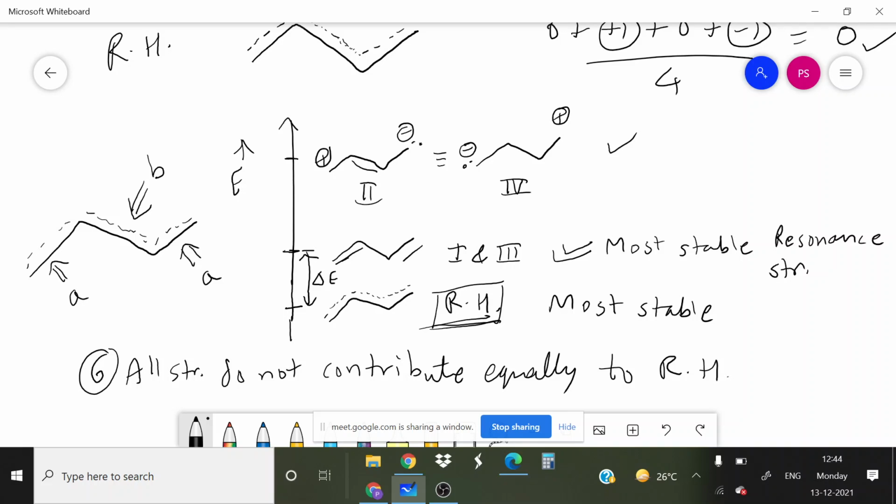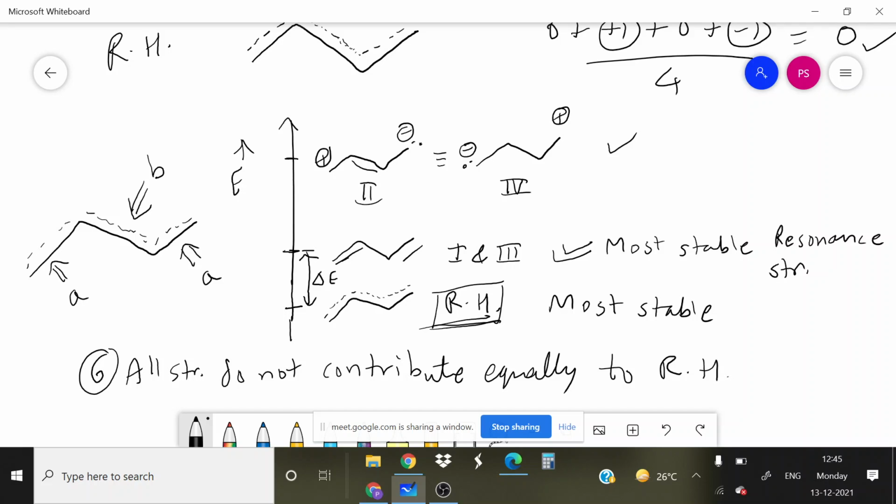Okay. Now you tell me, which bonds will have more double bond character? You should focus on which structures contributed more. Which structures contributed more? First and third.